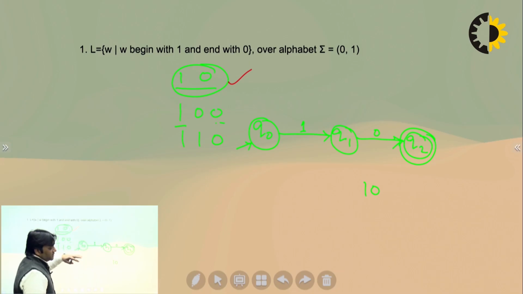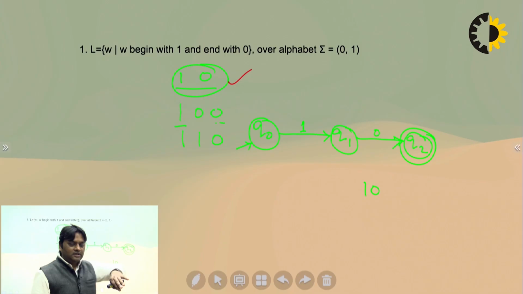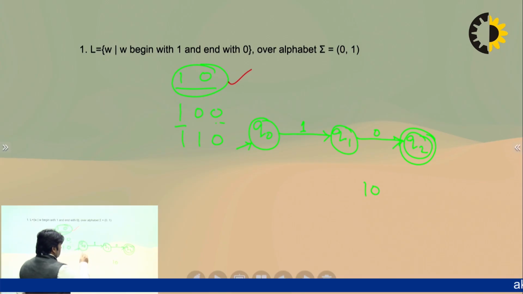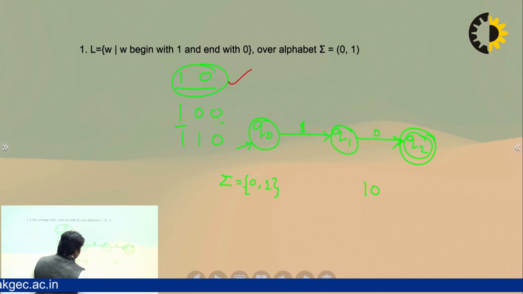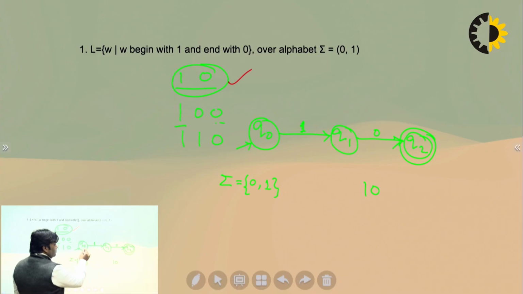Now we take the other input symbols 0 and 1 for all the states. When we are at state Q1, on input symbol 1 we move to Q1. Now check Q1 with input symbol 0.